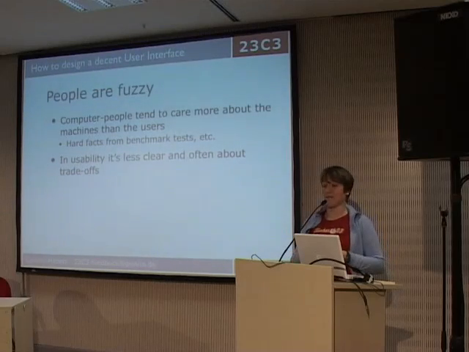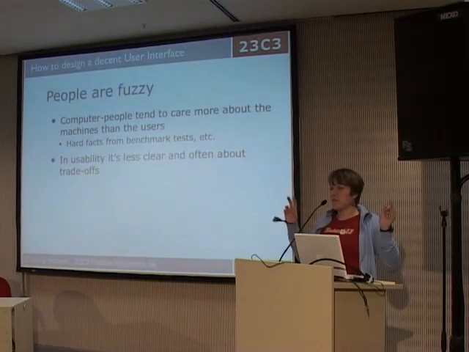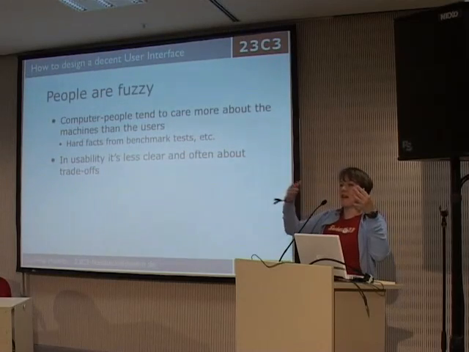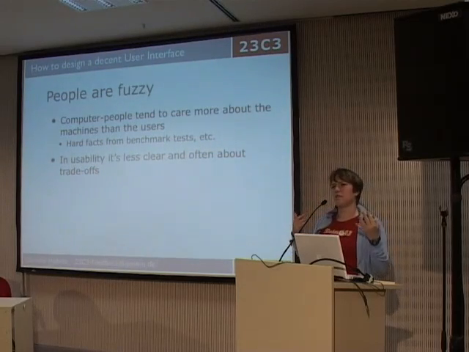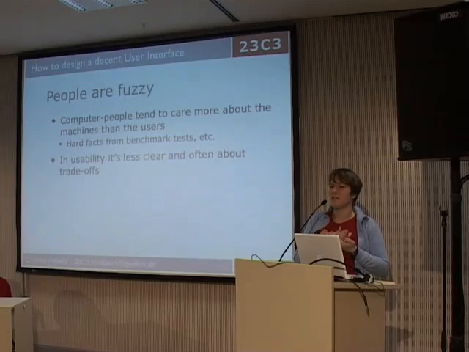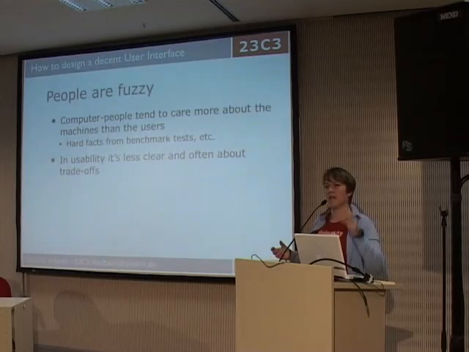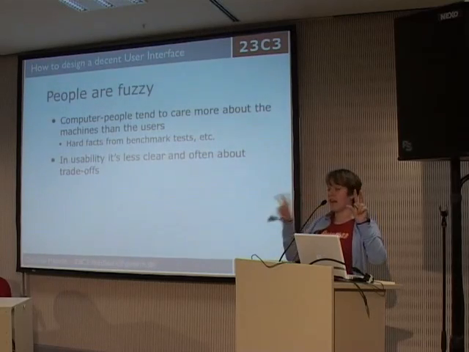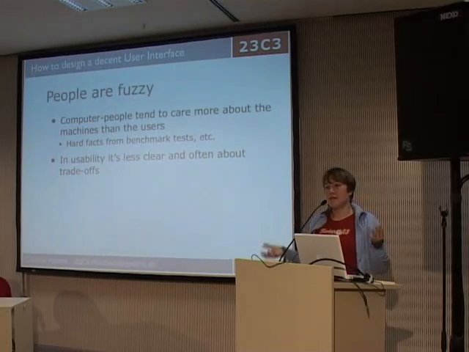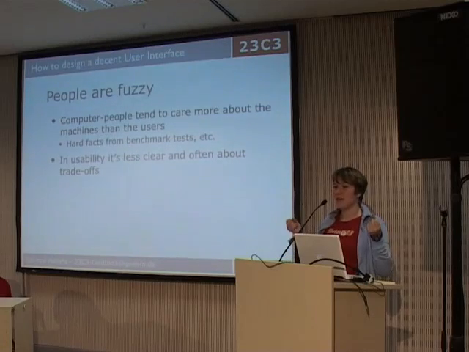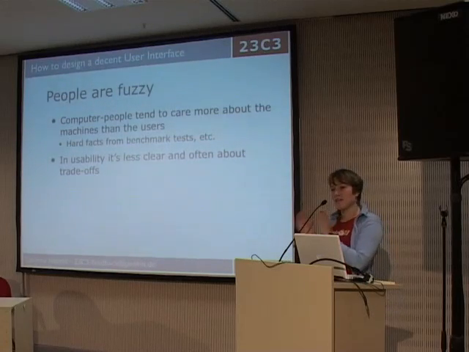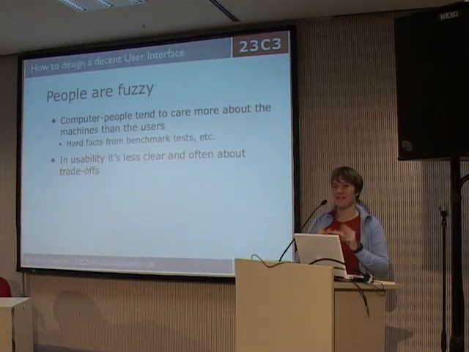Oh yeah, that's a nice one. We as computer people tend to prefer deterministic things, like numbers and facts. I can run a benchmark and then say algorithm A is faster than algorithm B. But people are fuzzy. We are not that easily put into categories, and we differ.